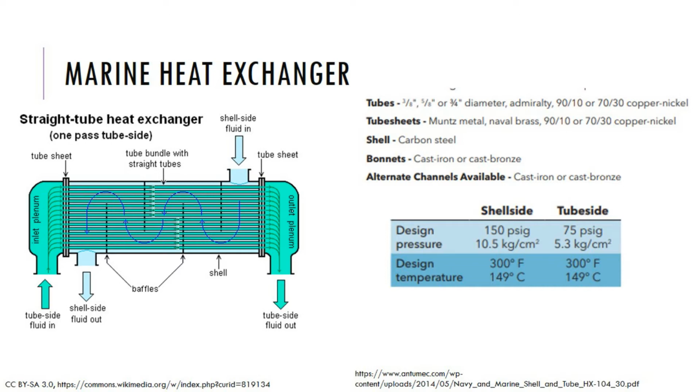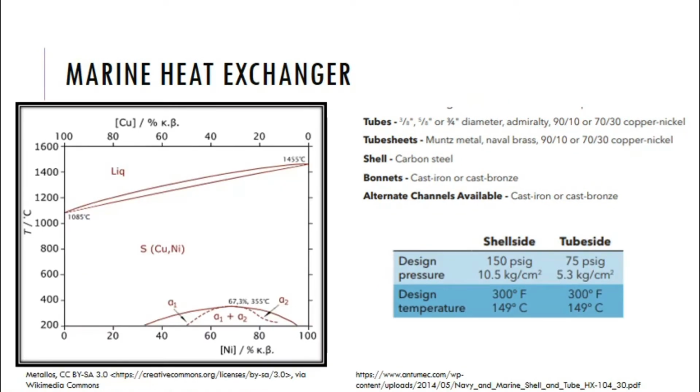To get an idea of what actually happens to these alloys in the specified temperature, it is a good idea to look at the equilibrium diagrams for copper and nickel. Here it shows the variation of temperature versus the variation of the composition of nickel.